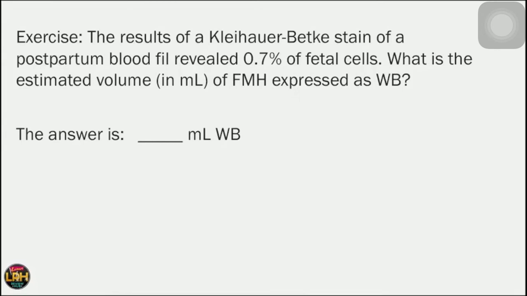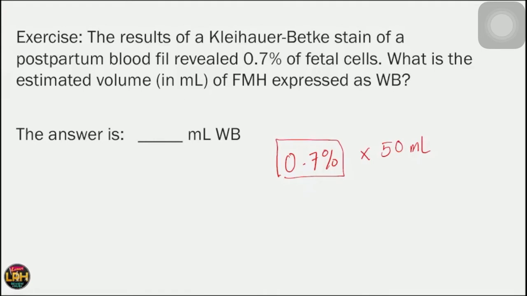The result of a Clay-Hauer-Bethke stain for a postpartum blood revealed 0.7% fetal cells. What is the estimated volume of the FMH expressed as whole blood? In this case, again, as we said earlier, you just multiply it with 50 ml.